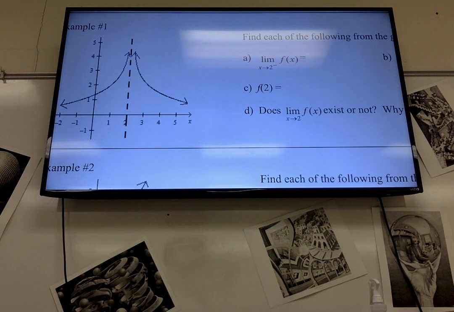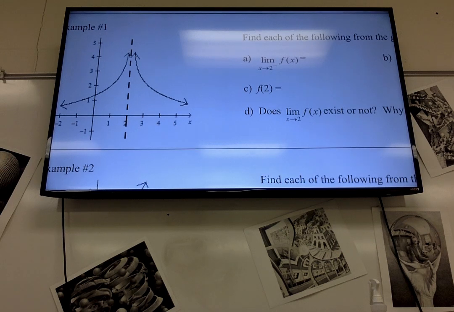Here's 2, right here. That's where x is 2. And as I get closer and closer to that line, notice it's going up. So that's why this is infinity.